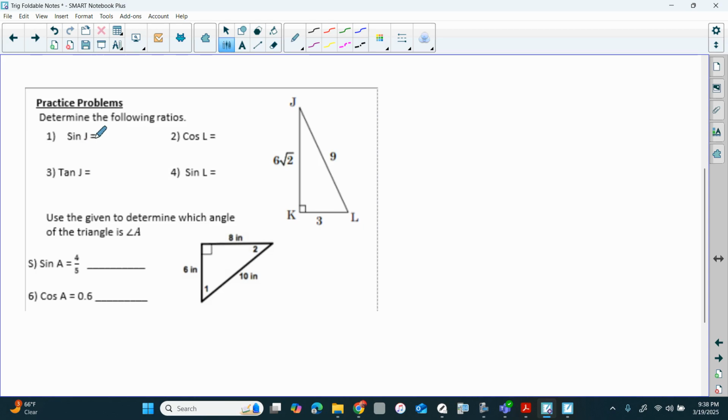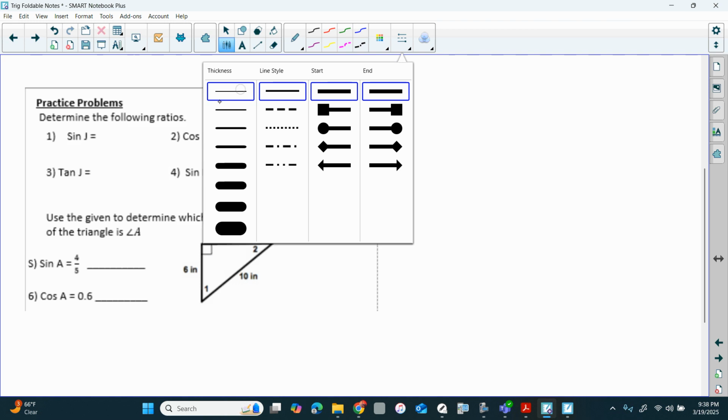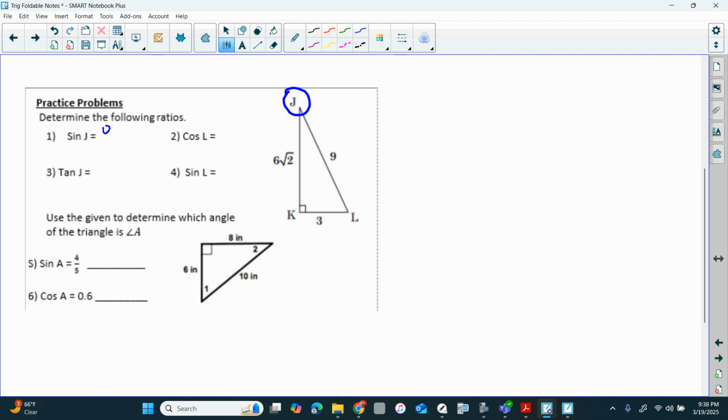So here we're doing sine of J. I'm going to circle J, and I remember that the sine is the opposite over the hypotenuse. So if J is my reference angle, the opposite side is KL, which is 3, over the hypotenuse, which is 9, and this can reduce to 1/3.